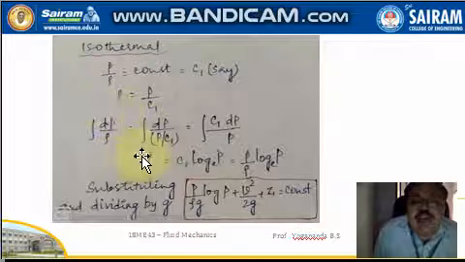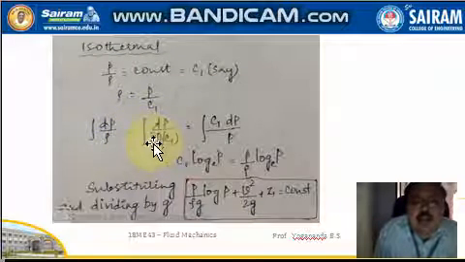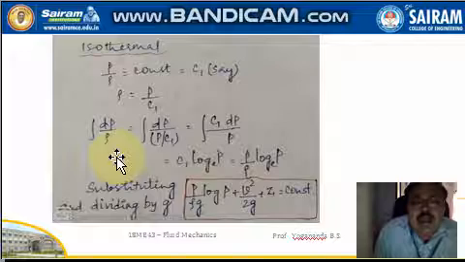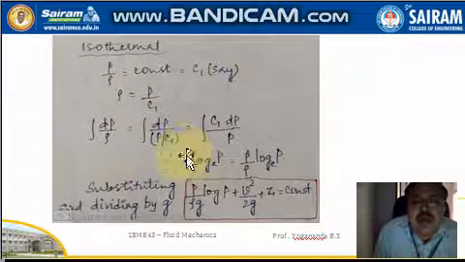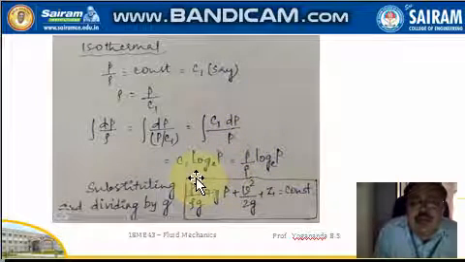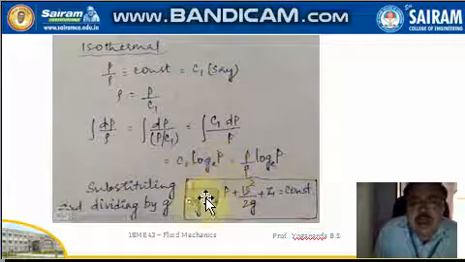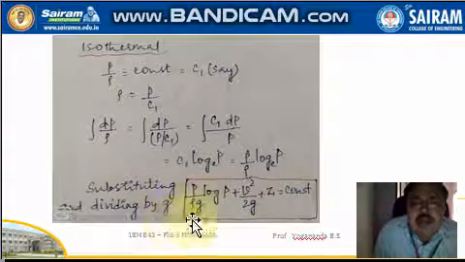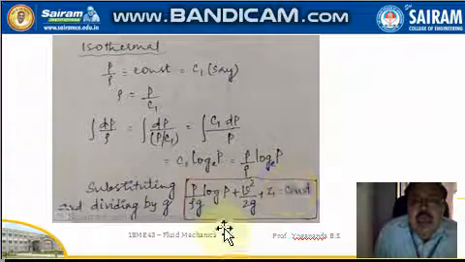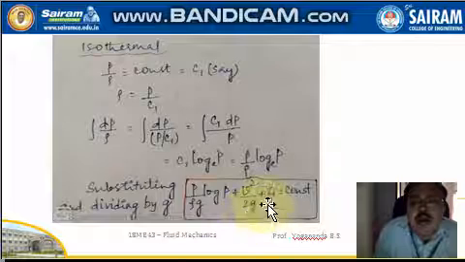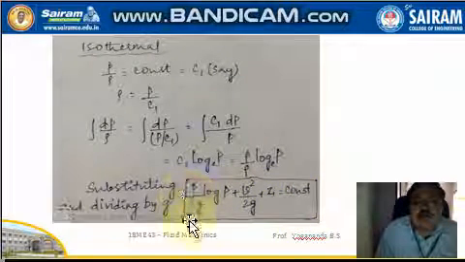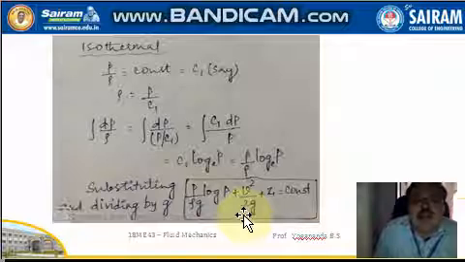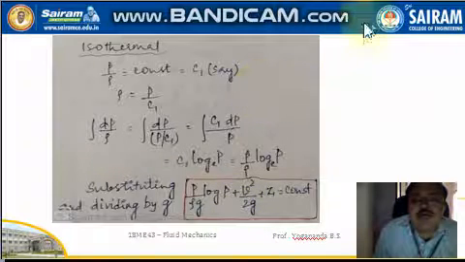The integration of dP by rho is equal to the integration of dP, where in place of rho we substitute P by C1. C1 goes up, so we have C1 log P. Substituting and dividing by g, we have the equation P by rho g log P plus V square by 2g plus Z is equal to constant. This is Bernoulli's equation in the case of the isothermal process.